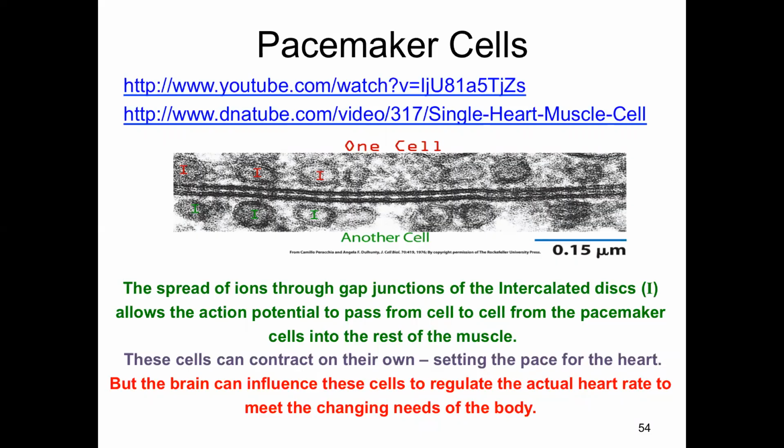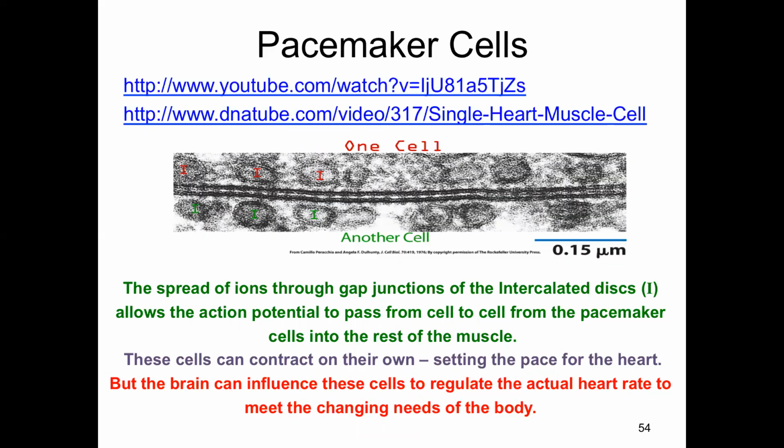And the spread of ions through those intercalated discs to the surrounding muscle fibers can then allow for that muscle contraction to spread from the pacemaker cells into the other cardiac muscle fibers. The brain can influence this to a certain extent, but understand that the pacemakers will beat regardless.